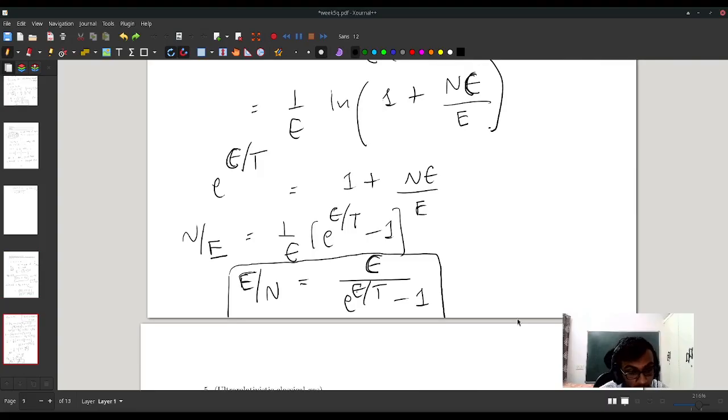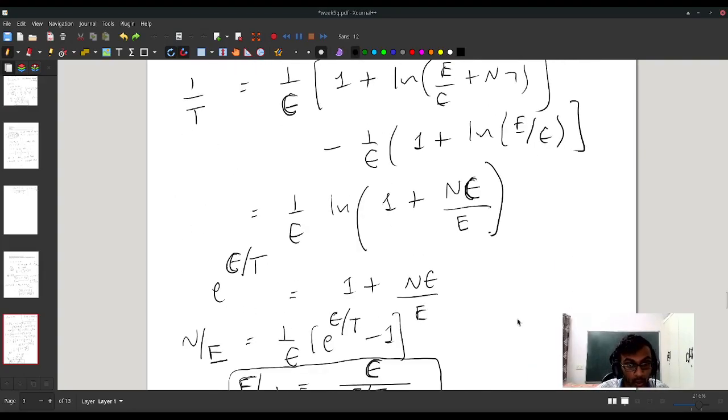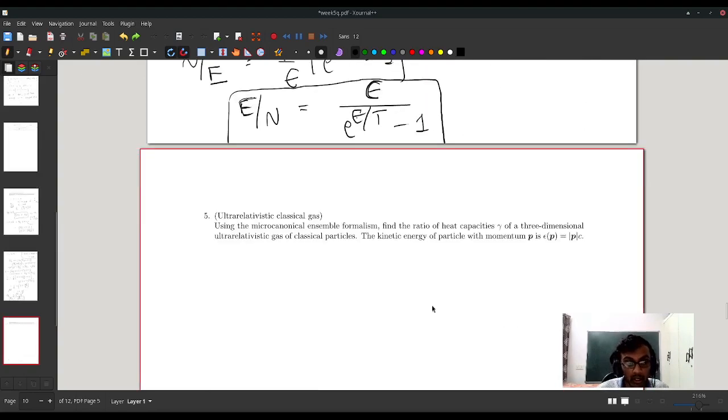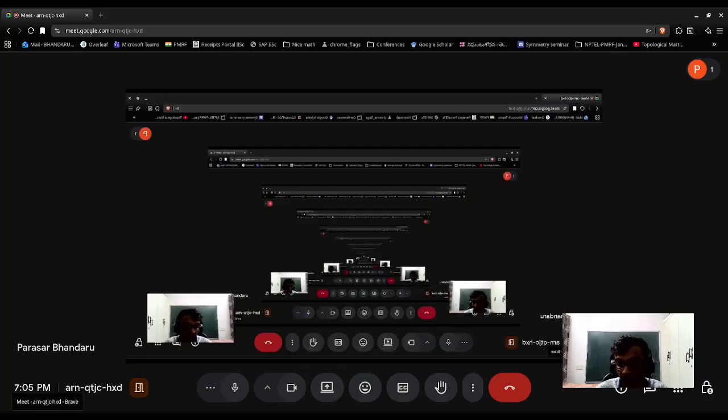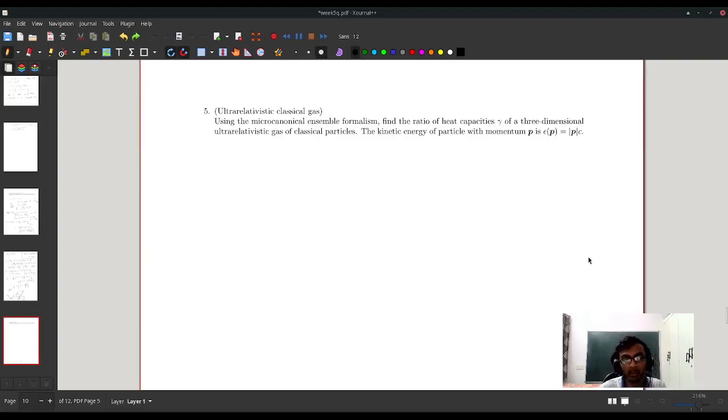In the upcoming lectures of the course, you will see this derived in another formalism, but it's a good exercise to do it in this ensemble as well. If there are no questions, let's move to the next problem.